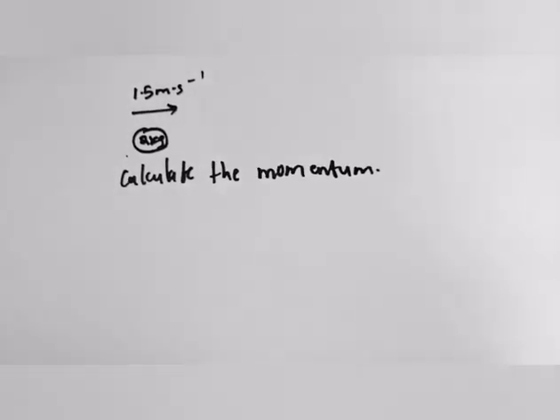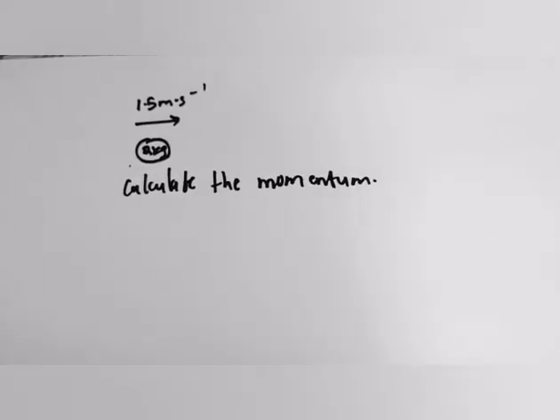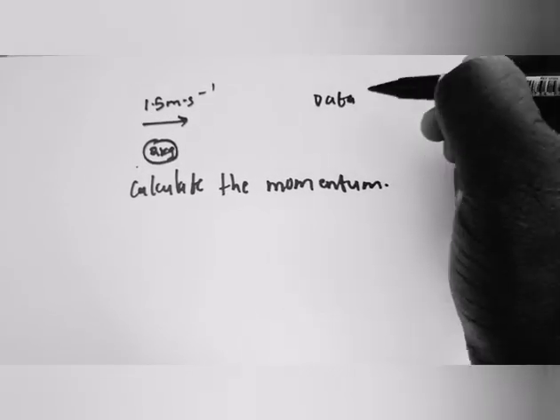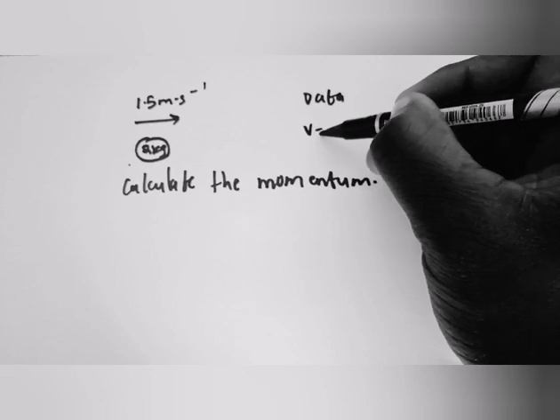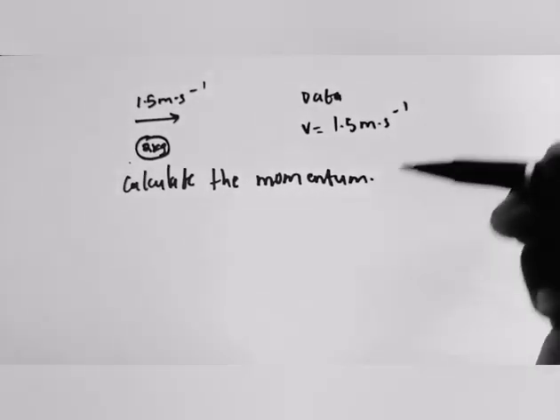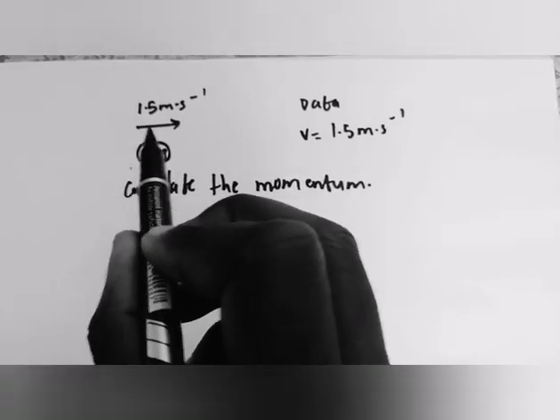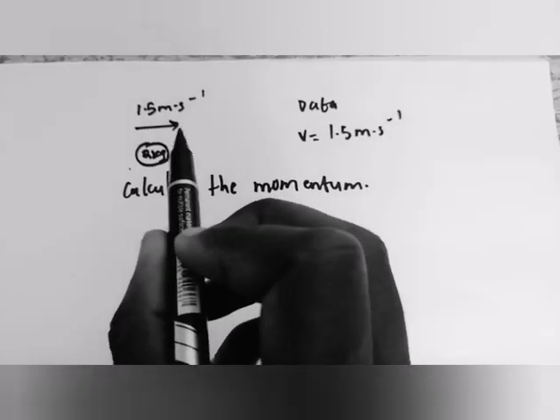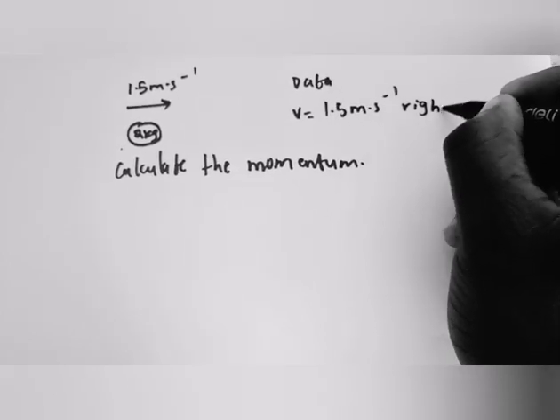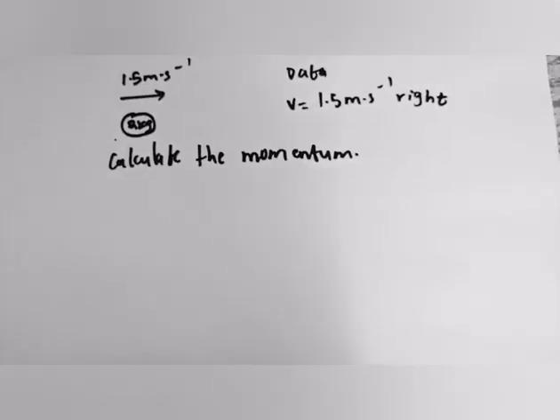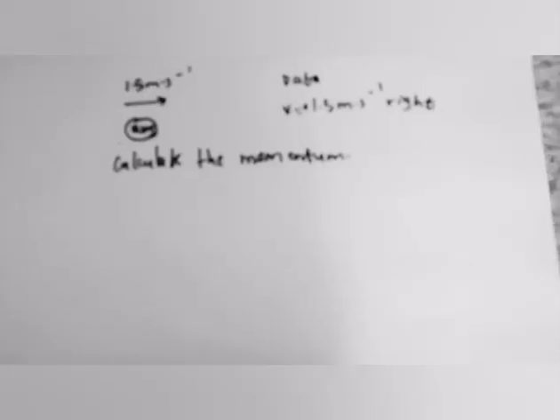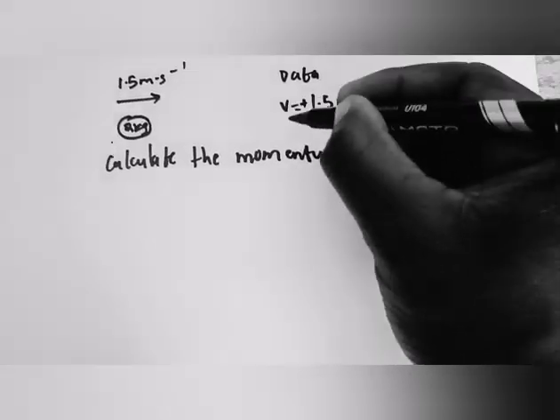All right, the first thing which you must do is collect your data. You have velocity, which is 1.5 meters per second, and you must consider the direction. Look, it is the magnitude here, and the arrow depicts the direction. So it is to the right, which means it is positive, right? Positive 1.5 meters per second.